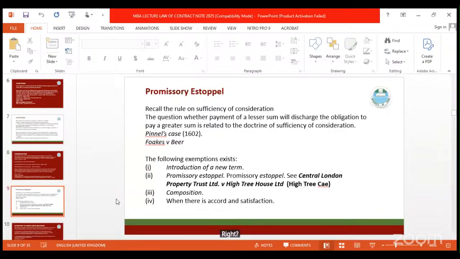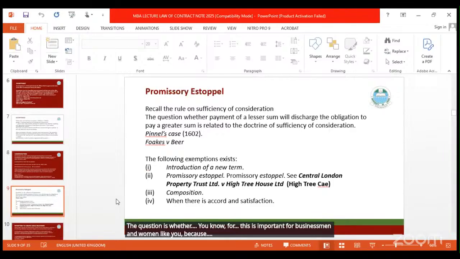There's also the rule regarding sufficiency. This is important for businessmen and women like you.